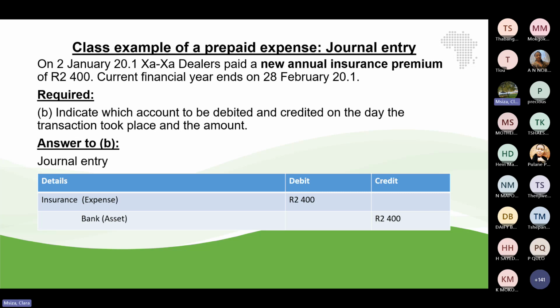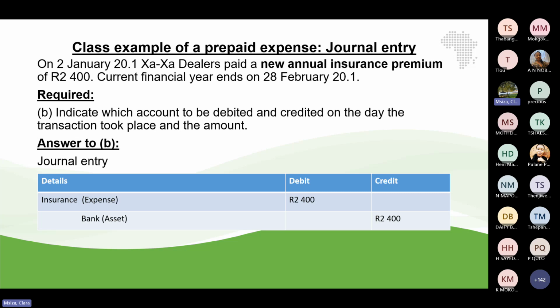So why are we debiting the bank? I see some of you say debiting the bank, but the company is the one that is paying out the insurance, meaning that we are paying our supplier, which is the insurance company, and the money is going out of our bank. Remember, the amount is going out, so our bank is decreasing.